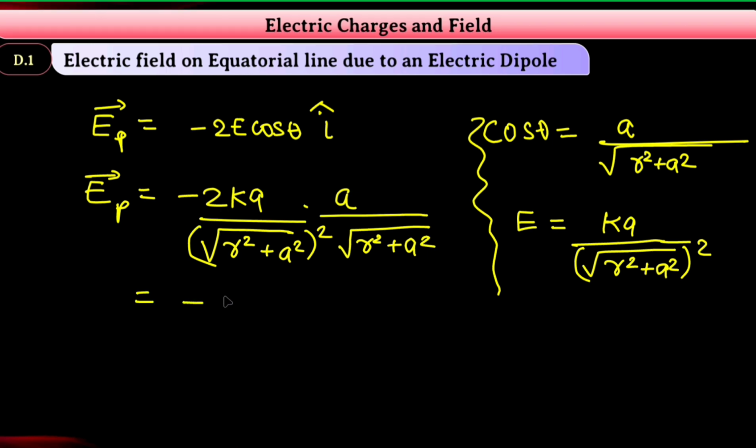Arranging this, minus K into Q dot 2a upon r square plus a square to the power 3/2.